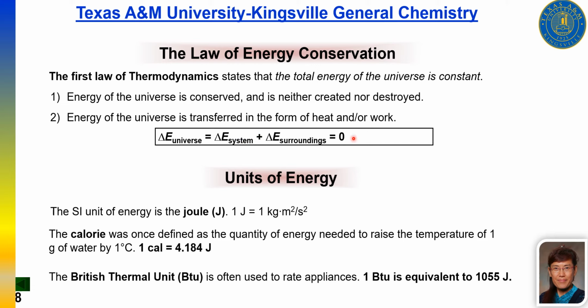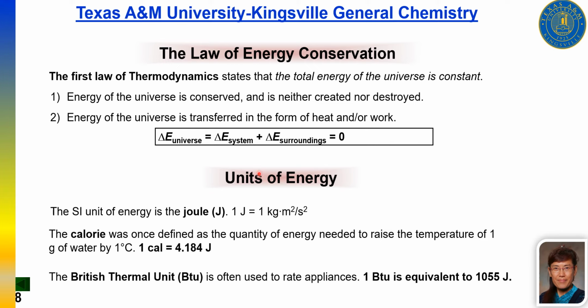This value is 0. The delta E for your universe is 0. A couple of minutes ago, we mentioned the system energy change and the surroundings energy change are numerically the same but have opposite signs. They cancel out.